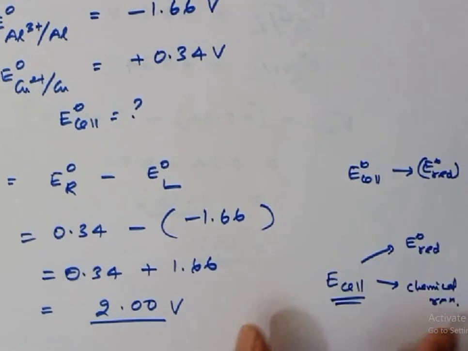Now I have introduced this. Now I'll give a cell. You try to write the cell reaction occurring in the cell. Let me provide a cell.